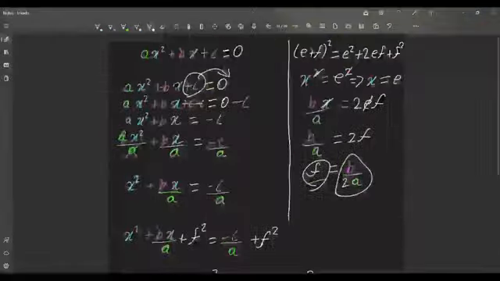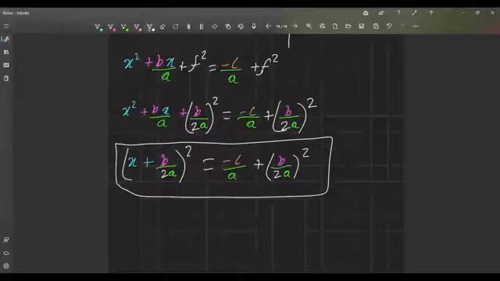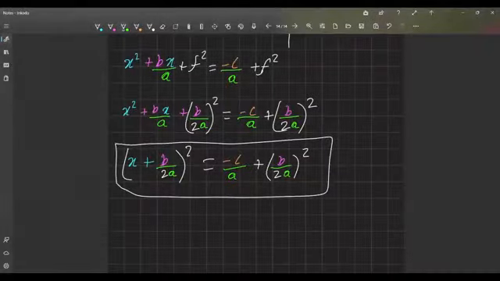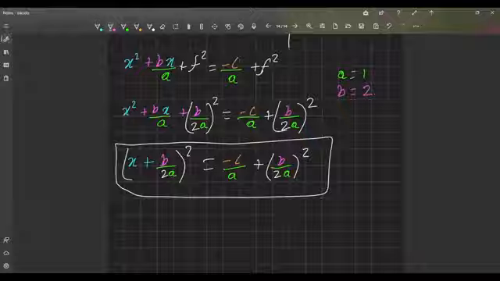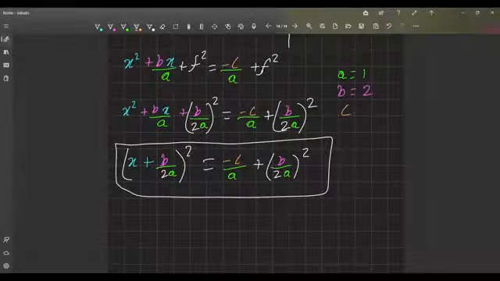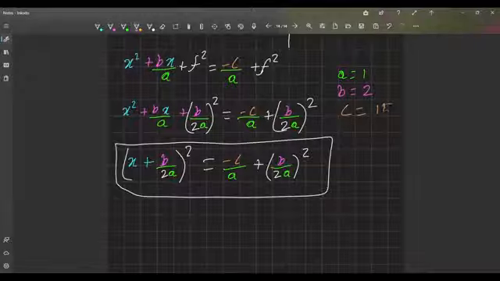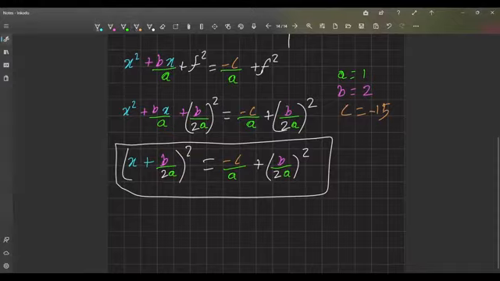Now, considering the equation that we had solved in the previous part, I remember that a was equal to 1, b was equal to 2, and c was equal to rather minus 15. Signs are important, so it was minus 15. I'll just put in those values here.